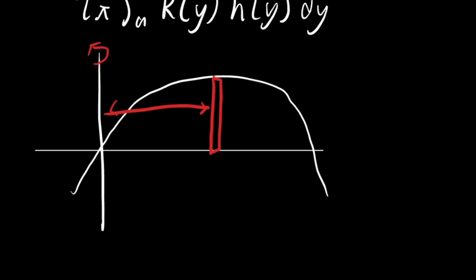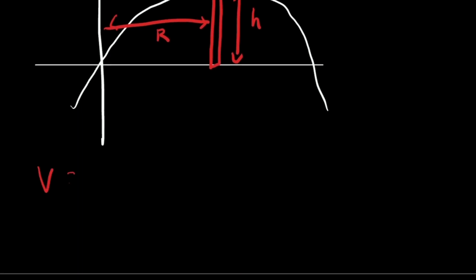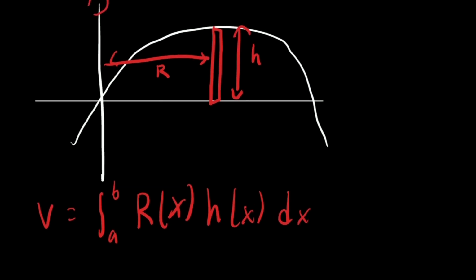And this will be r, and this will be our h. So the volume would be equal to the integration from a to b of r of x, h of x, dx.